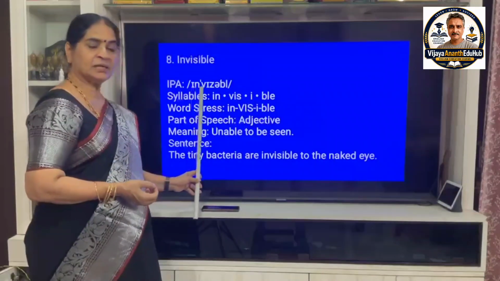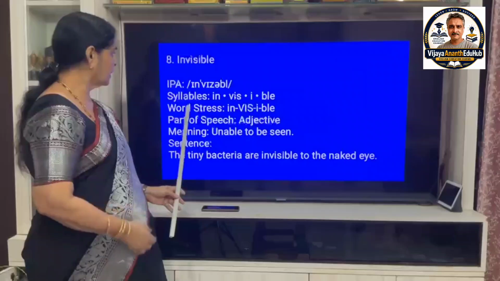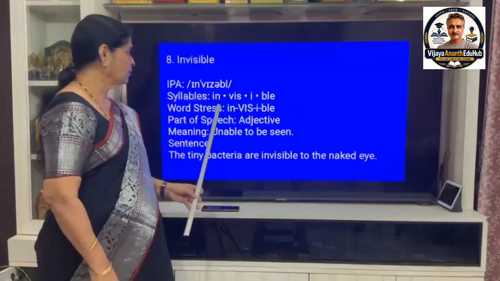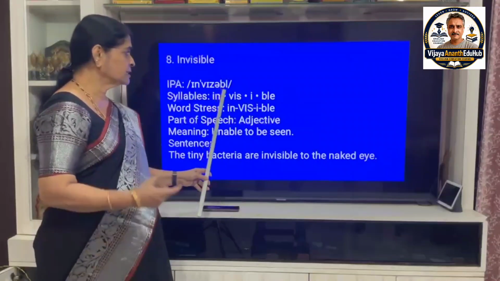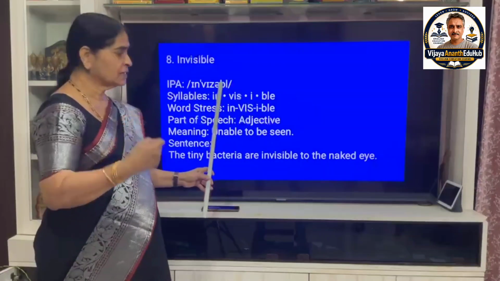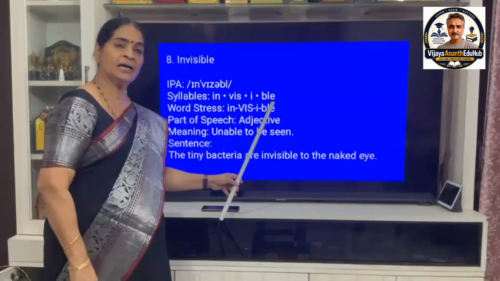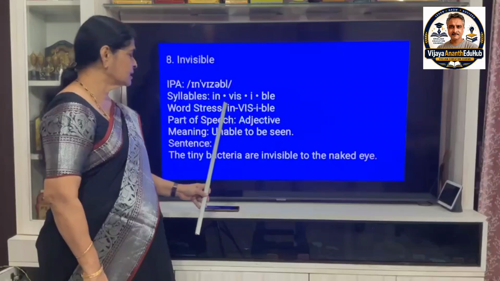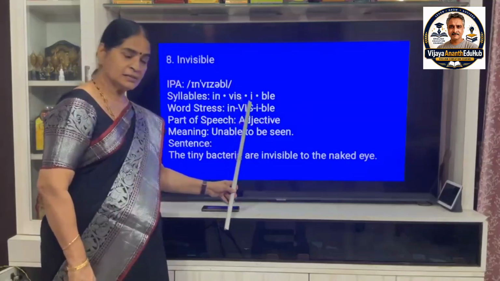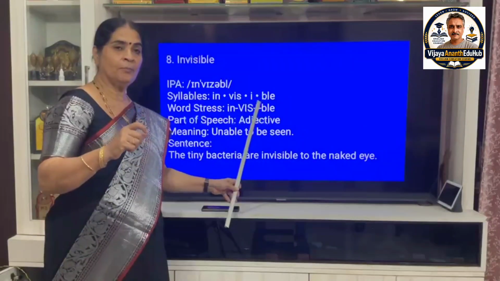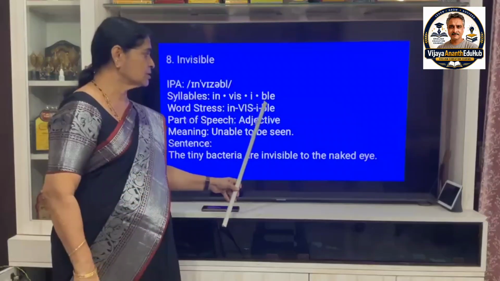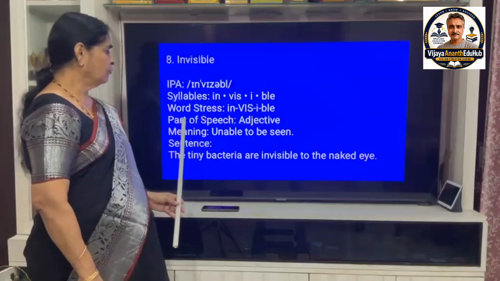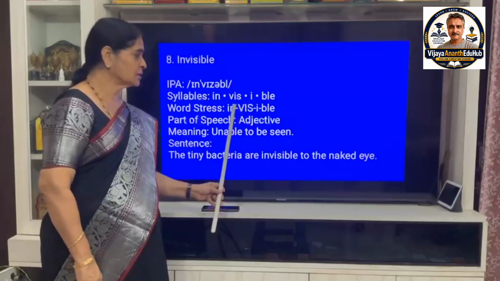Syllables of invisible: BL is a consonant cluster, and it is separately considered as a syllable. So in is a syllable, viz is a syllable, the schwa vowel is a syllable, and BL, bill, is also considered as a syllable. So four syllables. Word stress is on the second syllable.